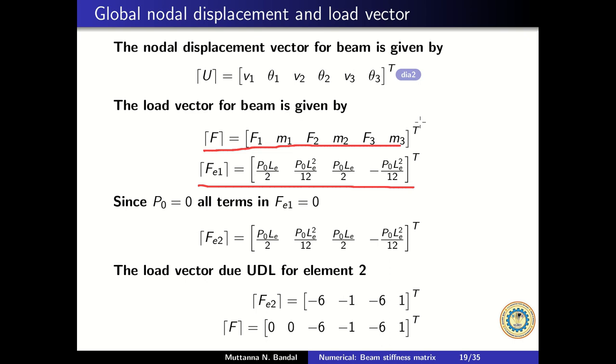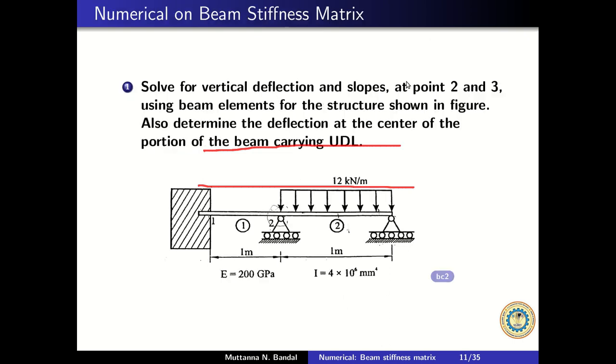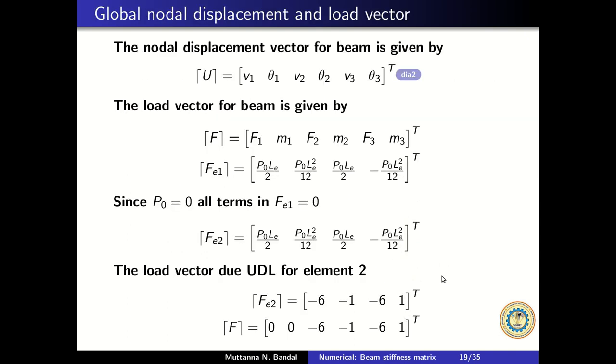Since there is no load on element 1, P naught is equal to 0. So only element 2 will have a load. Let me go back. In element 1 P naught is 0, so I will substitute all these as 0. So all these terms become 0.